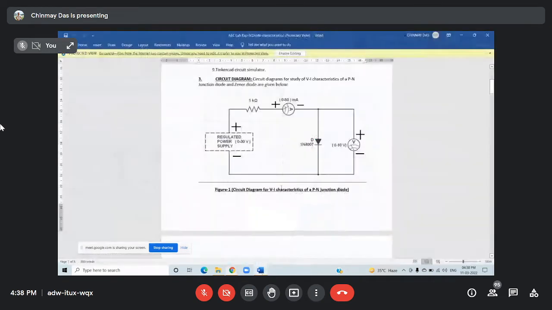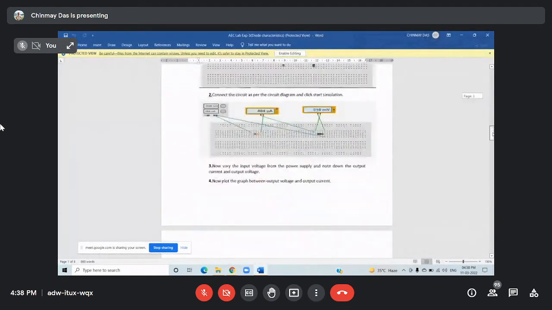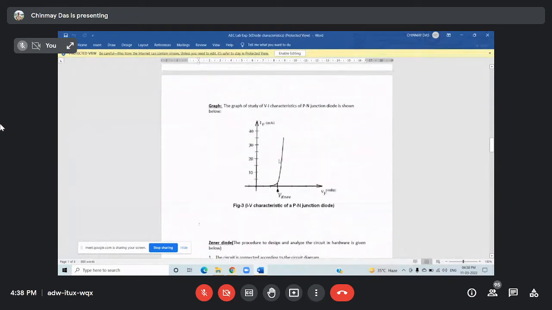So what we need for this graph: first we need a diode. Then we need a voltmeter to see the voltage, an ammeter to see the current, and mainly a variable DC voltage source so that we can vary the input voltage to the diode and observe the current accordingly.